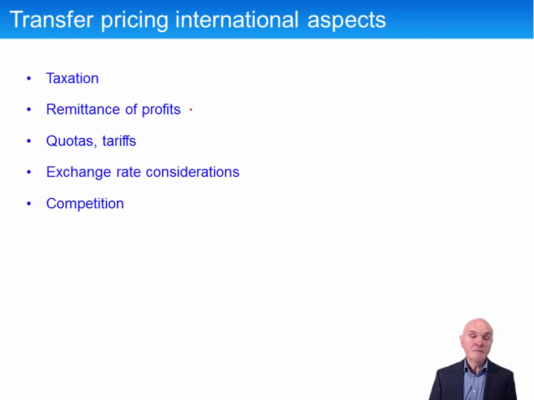Second one is remittance of profits. Some countries, if you make a profit in that country, are reluctant for dividends to be paid outside that country to the holding company. So if you're transferring goods into one of those countries, you transfer them at a fairly high price, so that not many profits are made within that country. Quotas and tariffs.